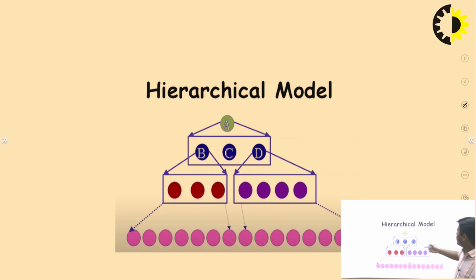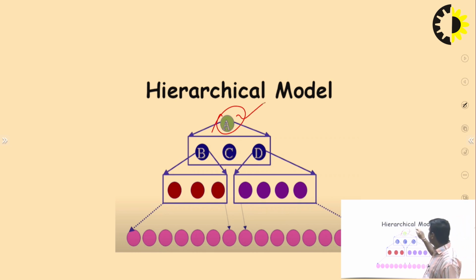In a hierarchical model, bigger entities are divided into smaller entities.